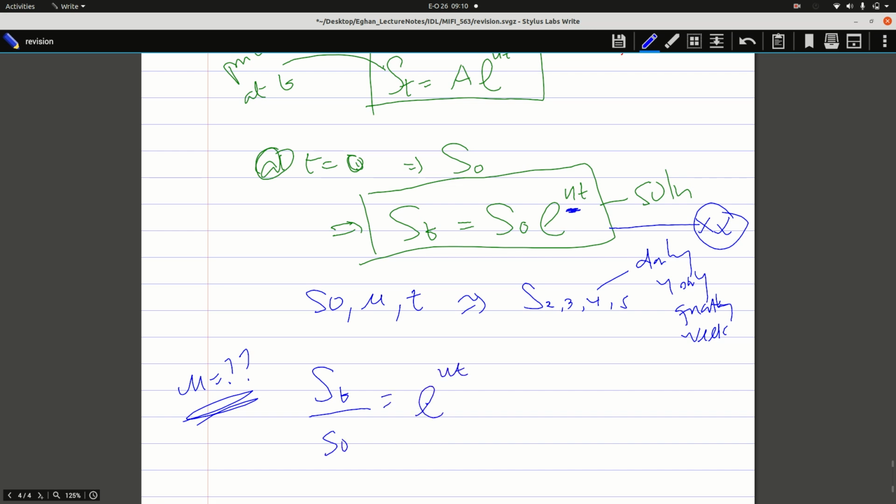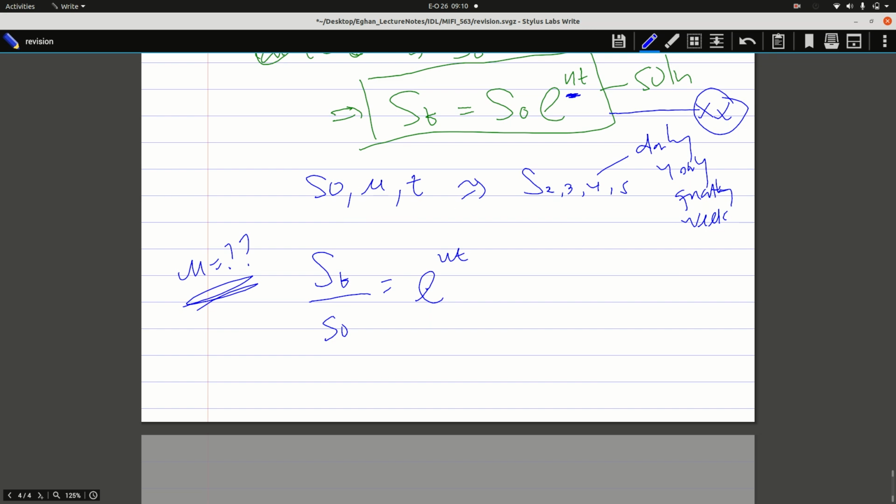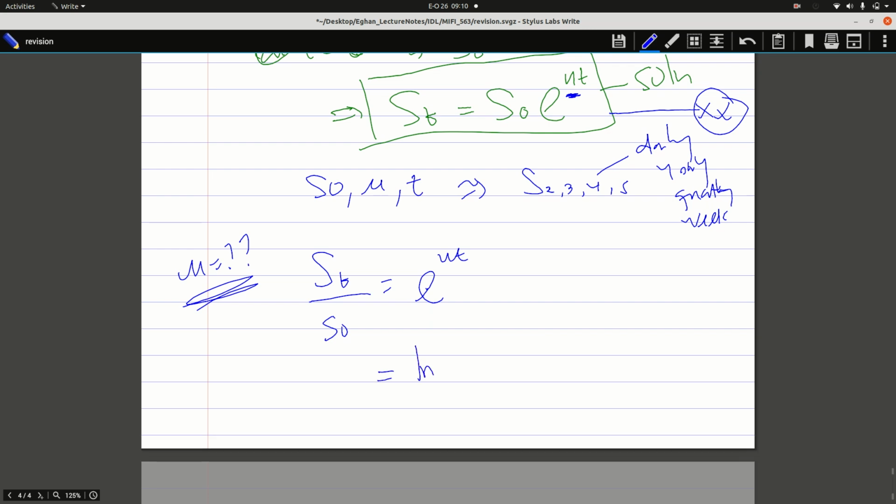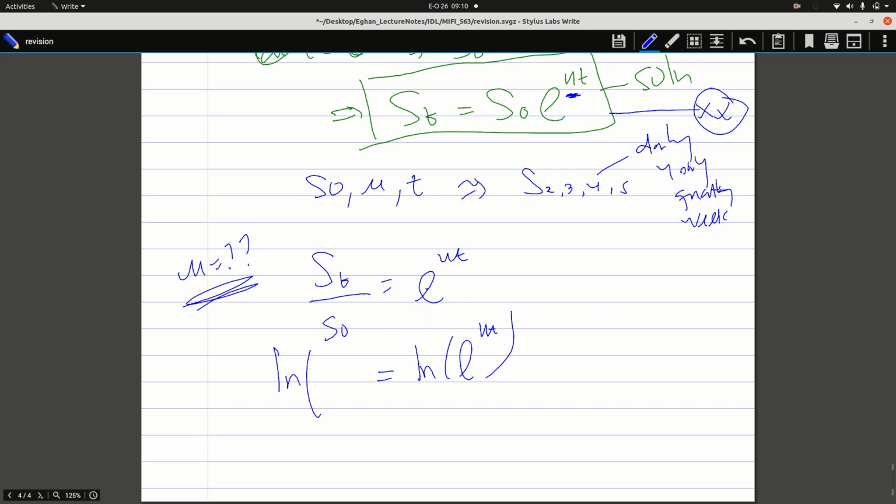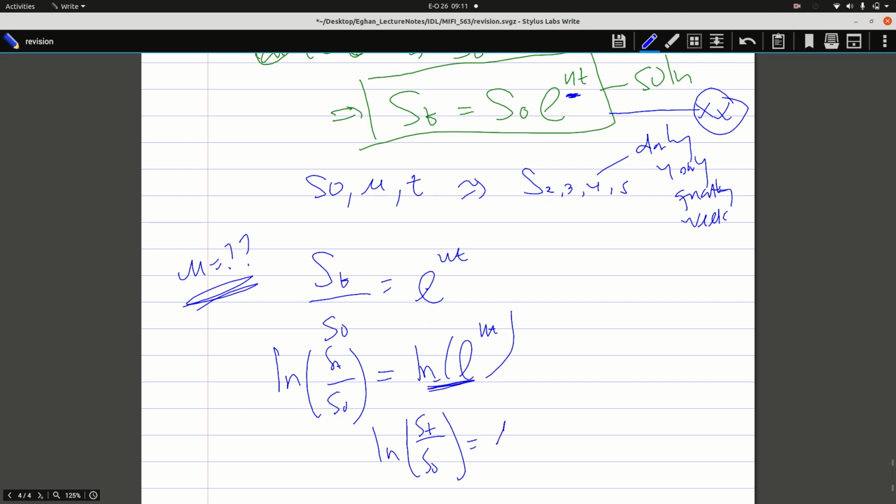I told you exponential and natural log has a relationship. So if I want mu, it means I can take the natural log of both sides. Take the natural log of S(t) on S naught. So it means I have ln of S(t) over S naught to be equal to, exponential and ln will cancel out, so I have mu t, but we are looking for mu, so what do we get?